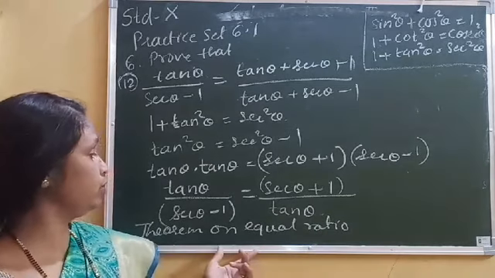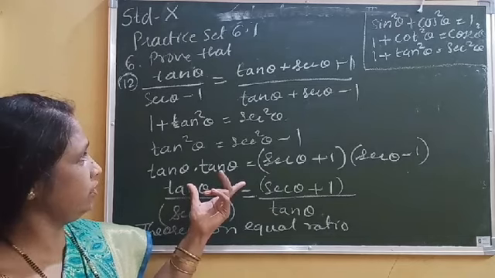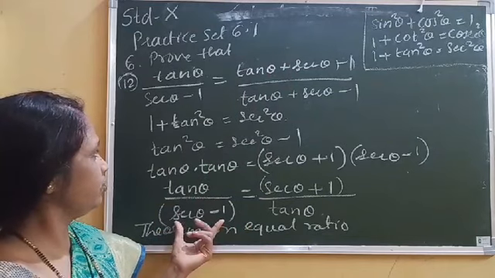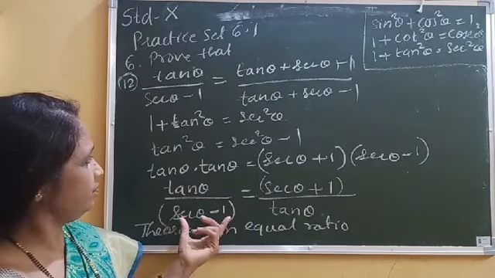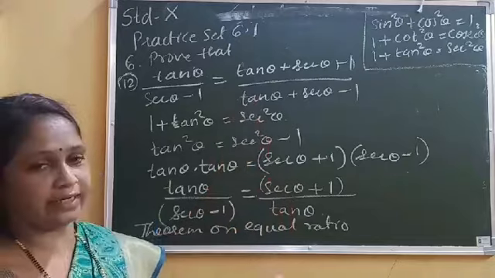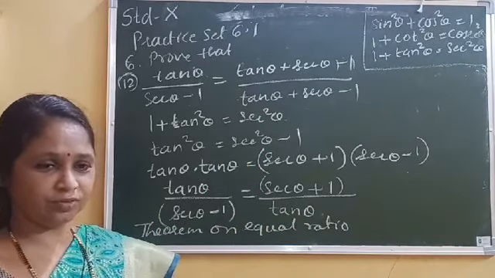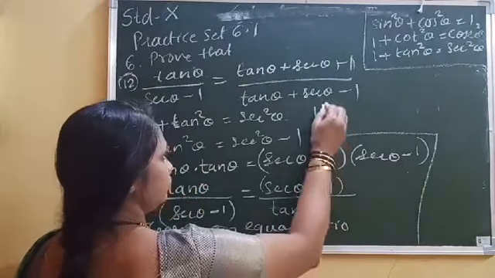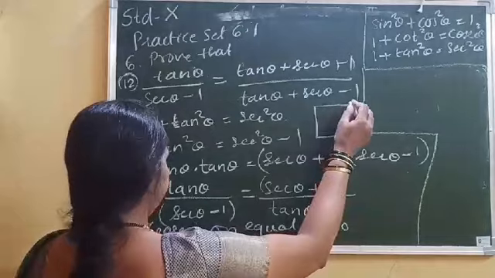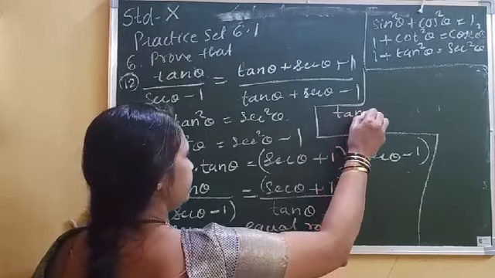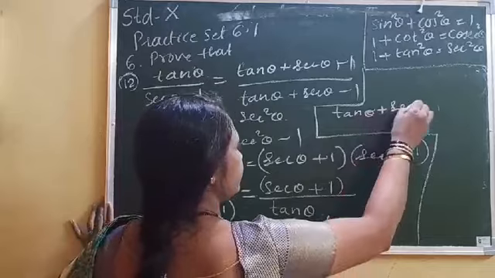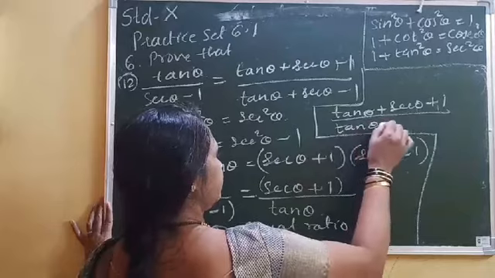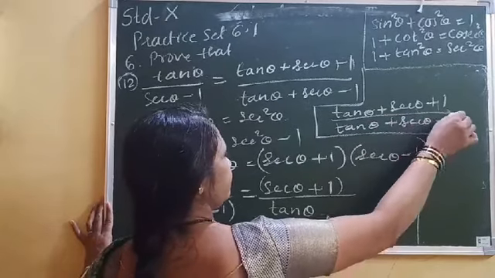So what can we do? Add both: tan theta plus sec theta plus 1, and sec theta minus 1 plus tan theta. Did you get the answer now? See, I have got the answer here by theorem on equal ratios: tan theta plus sec theta plus 1 upon tan theta plus sec theta minus 1.